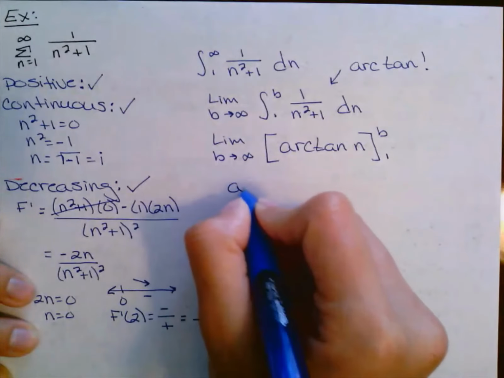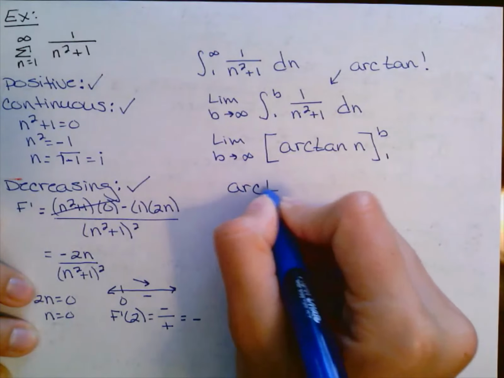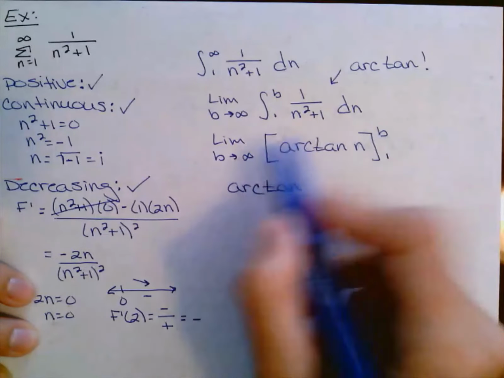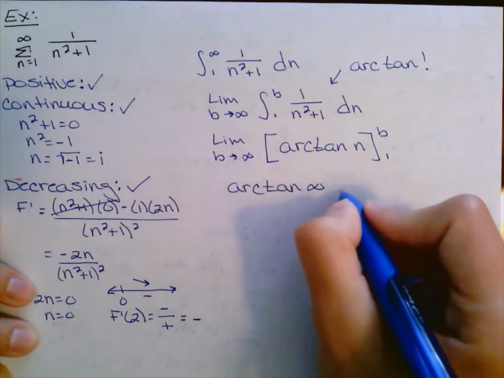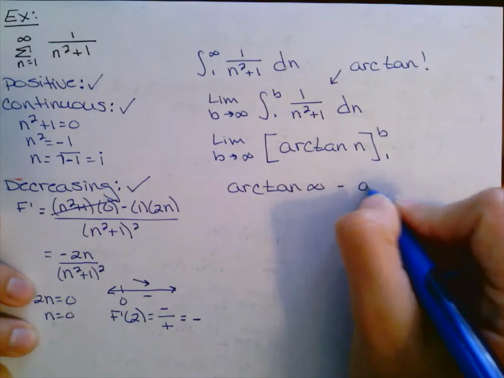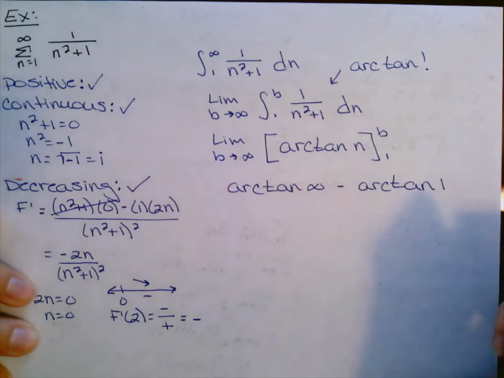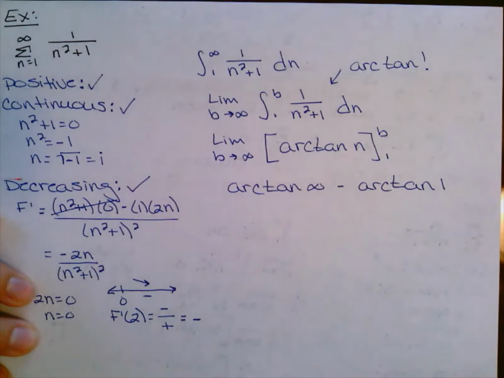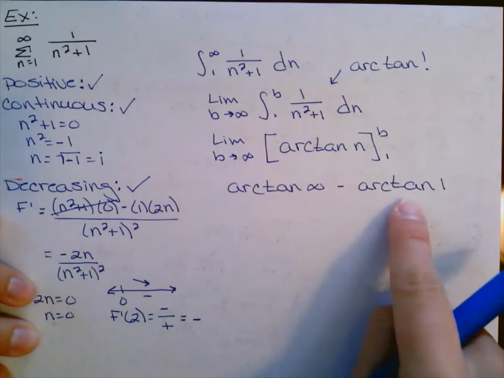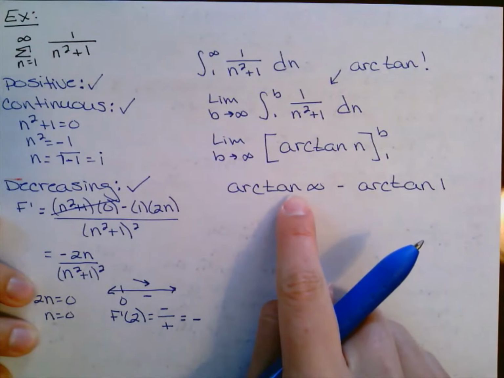Now I can say arctan of b, which b is infinity, minus arctan of 1. Now please know that on an AP and an FRQ, you can usually stop at this step, but if you have trig functions, you have to continue, okay?